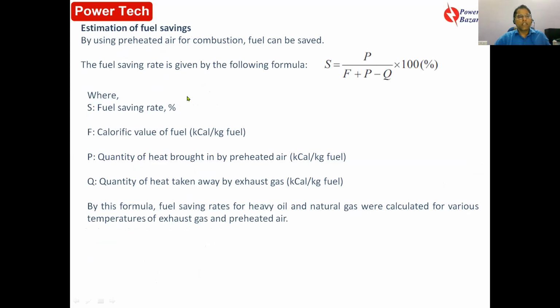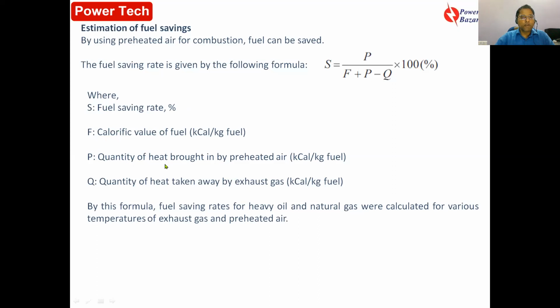What is S here? S is basically the fuel saving rate. What is F? F is the calorific value of the fuel, in kilocalorie per kg. P is the quantity of heat brought in by preheated air, also in kilocalorie per kg of fuel.